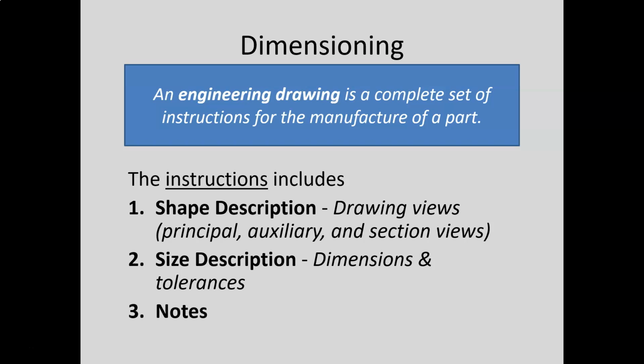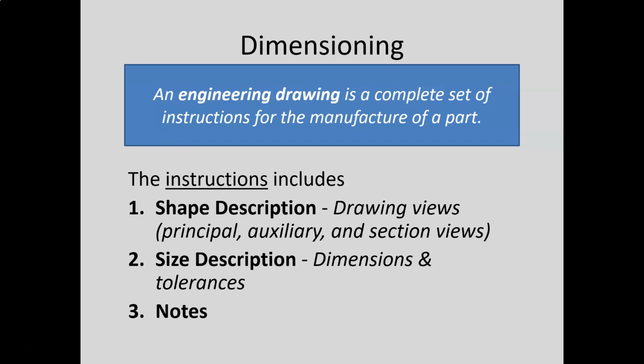Now, in that drawing, there are different elements. The first element of an engineering drawing is the shape description. In that part of the engineering drawing, we're describing what the object looks like. The engineering drawing is standardized in such a way that we describe that shape using orthographic projection, because that introduces the least amount of distortion.